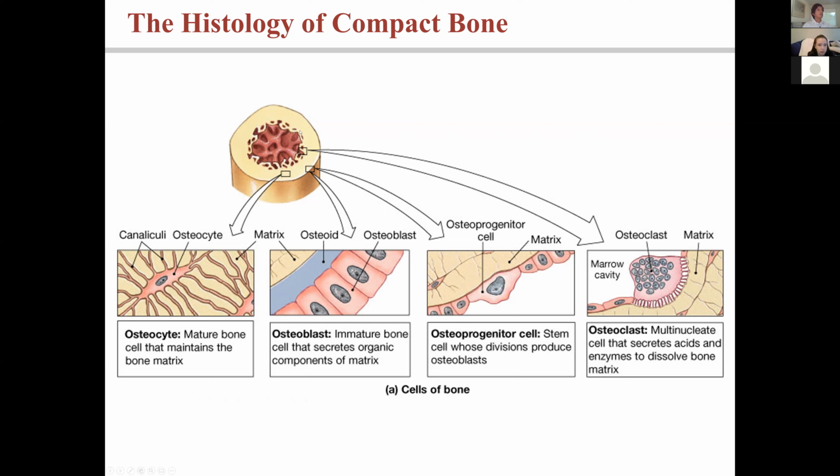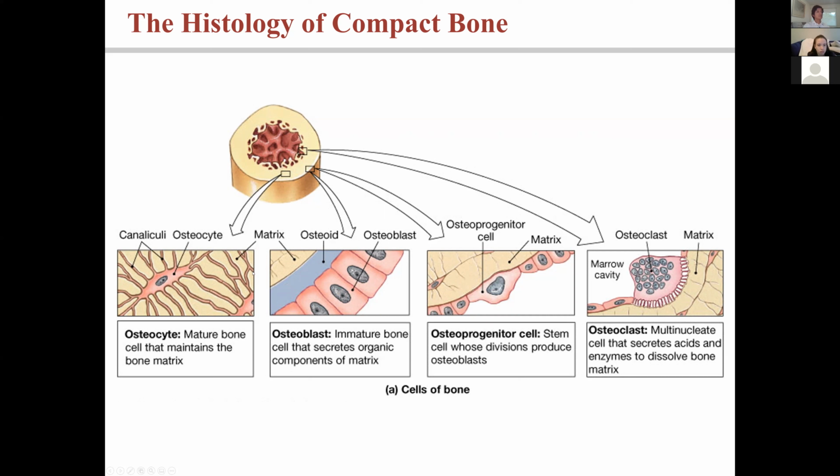So here we have the different cell types that are the principal cell types within bone. So we mentioned that as a connective tissue, we're going to have an organic matrix composed of this osteoid, composed of collagen, and these crystals of hydroxyapatite.